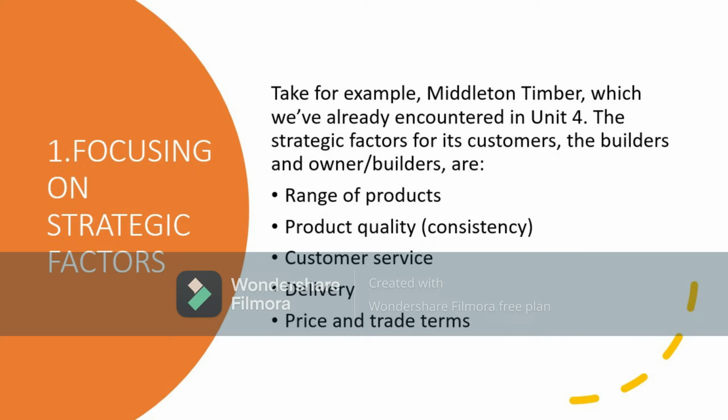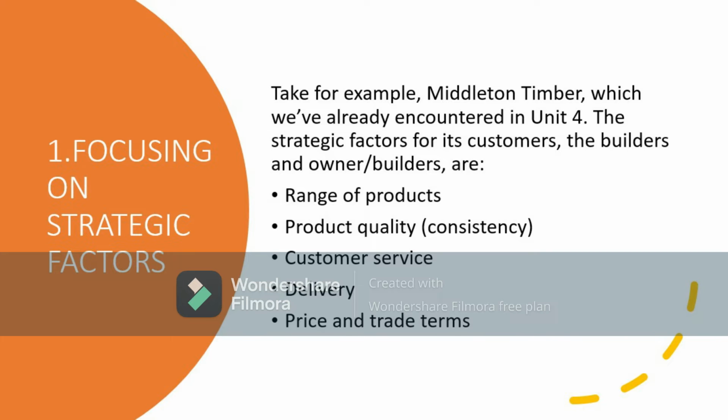From this description of Middleton Timber strategy, we can see two ways of tracking its performance. The first is by tracking results on its objective to increase revenue from customers. Middleton Timber hopes that by improving its performance on strategic factors identified in its strategy, it will increase its existing customers' purchases, attract additional new customers, and increase revenue.